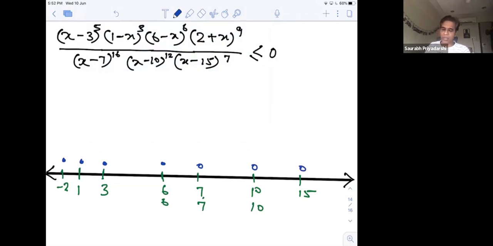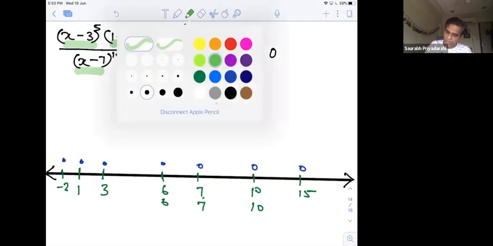Put any value greater than 15, right? Any value greater than 15. Positive, negative, positive, because the power is even. Positive, positive, positive, positive. So overall, we are getting negative sign, right?